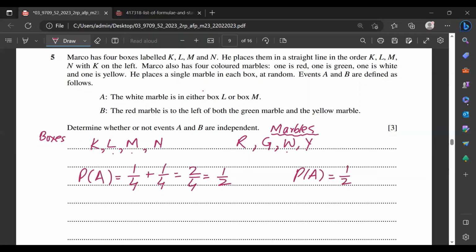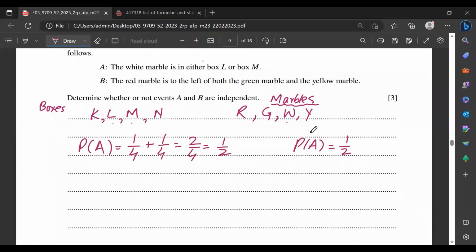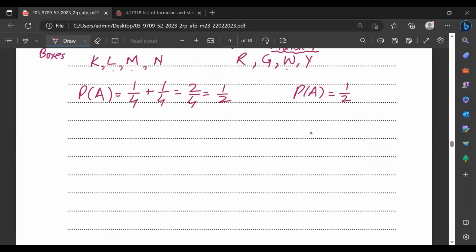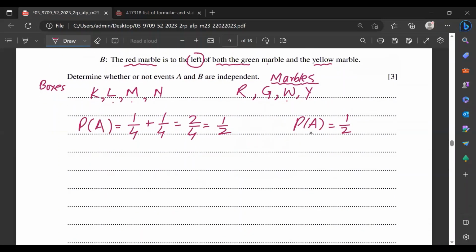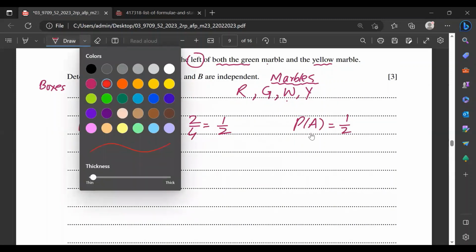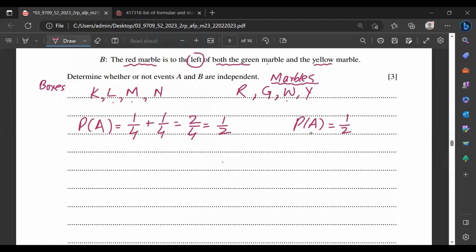The probability of B: the red marble is to the left of both green and yellow. For this probability, you can use permutations and combinations, but I think it is better to list.